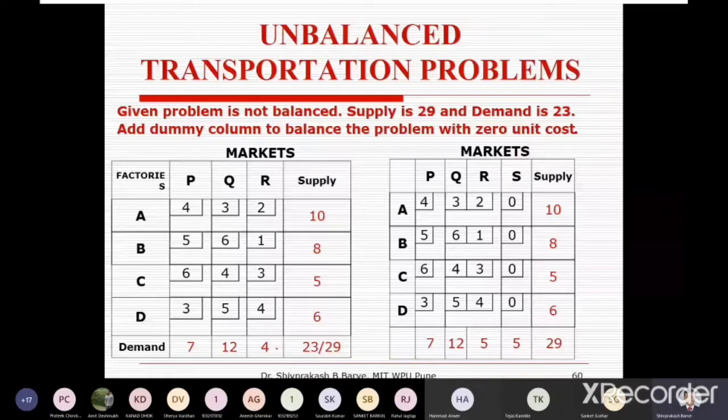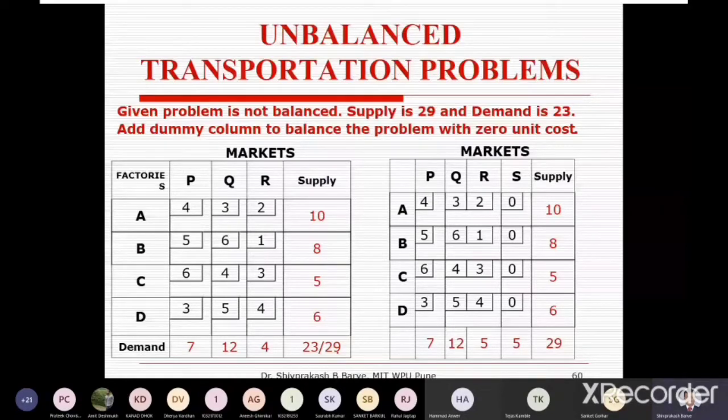The first step to solve a transportation problem is to check whether it is a balanced problem or not. How to check? Take the total of all the supply. It is 10 plus 8, 18, 18 plus 11, so 29.